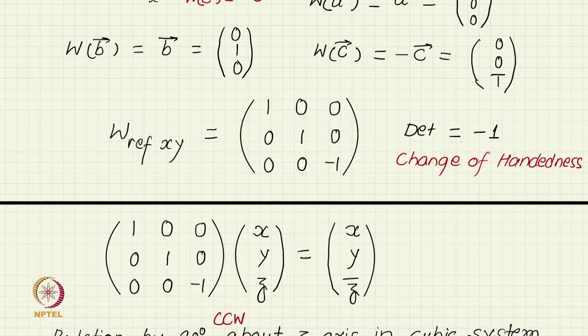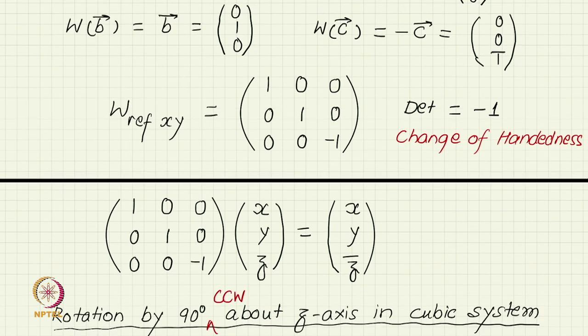Crystallographers use a jargon here, so let us get familiar with that. Operations which change handedness are called, I do not know why they should be called improper, but they are called improper. There is nothing improper about them, they are called improper operations, or sometimes type 2 operations.